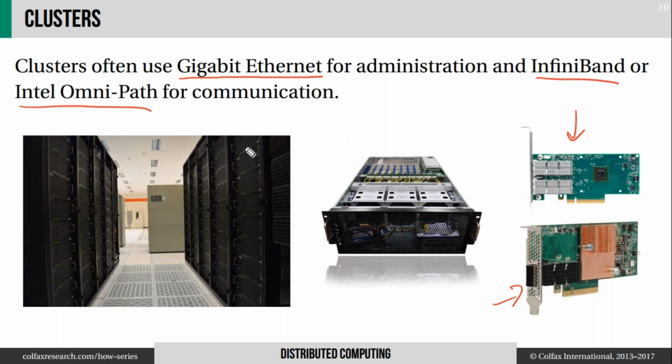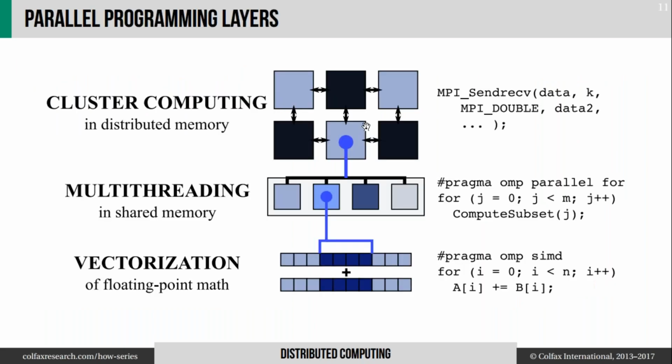This is what gives individual servers, individual compute nodes in this cluster, latencies of communication of order a microsecond and bandwidths of 100 gigabit per second, and there are even faster technologies in the market today.